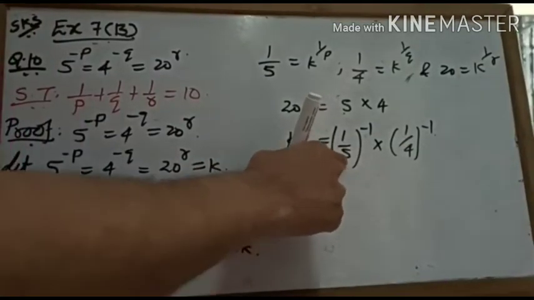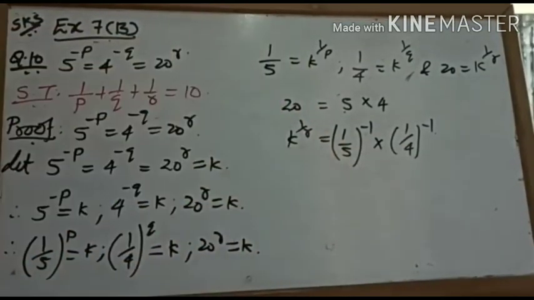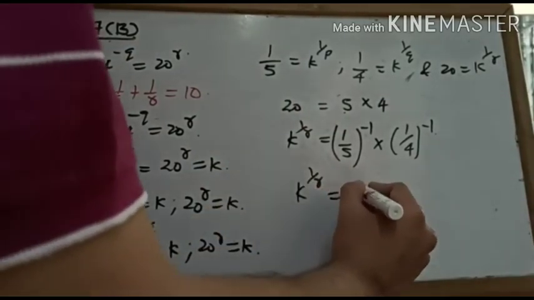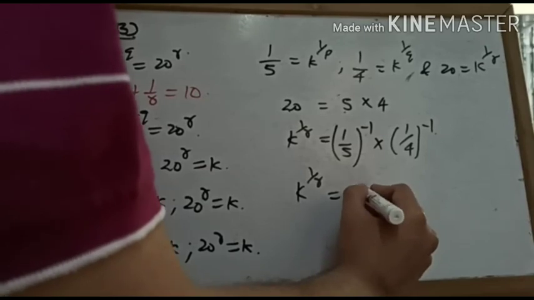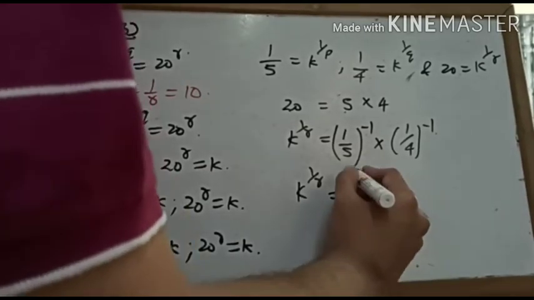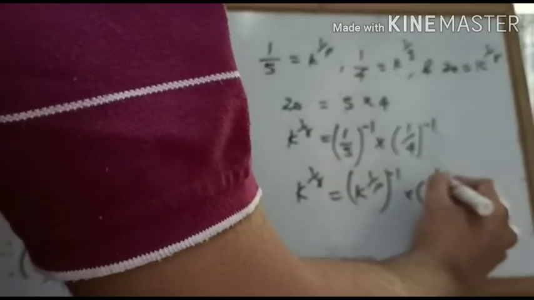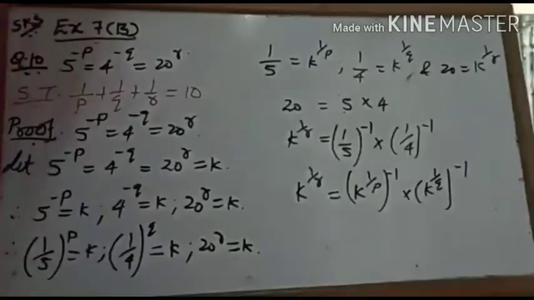What is the value of 1 upon 5 in terms of k that we shall see? It is k raised to 1 upon p whole raised to negative 1 into k raised to 1 upon q whole raised to negative 1.